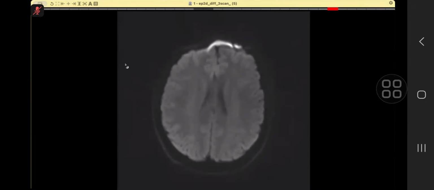Conclusion. Give me your conclusion. So I think this is frontal sinusitis with subperiosteal abscess and intracranial abscesses as well. Where are the intracranial abscesses? In the left occipital and parietal region.